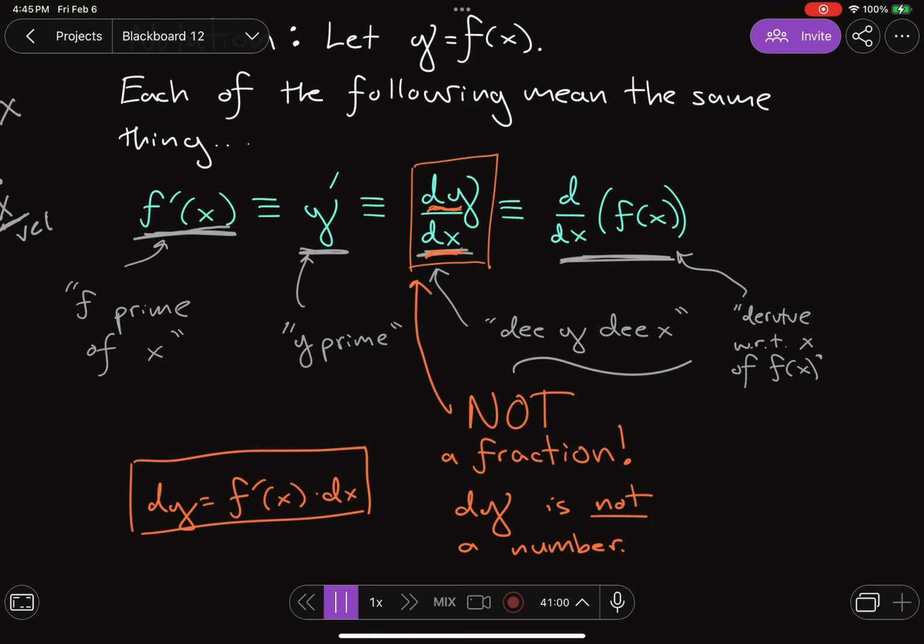This is a notational way to say the derivative of y with respect to x. Okay, the derivative of f with respect to x. Notice that what it kind of looks like happened is this y was substituted with f of x to go from here to here. Kind of like that here. F of x was substituted with y to go from here to here.